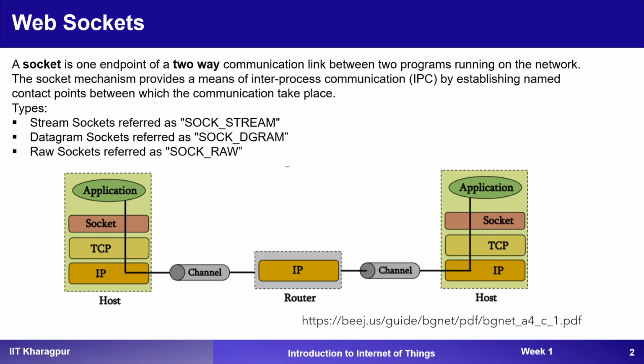So first of all, a WebSocket is an endpoint. In order to make communication possible between 2 devices, there is a need of an endpoint through which the communication can take place. So in networks, you might have studied about the OSI layers, which is responsible for making the communication.